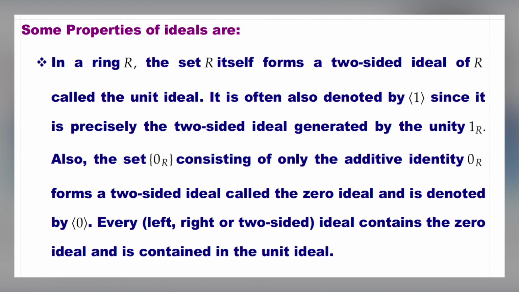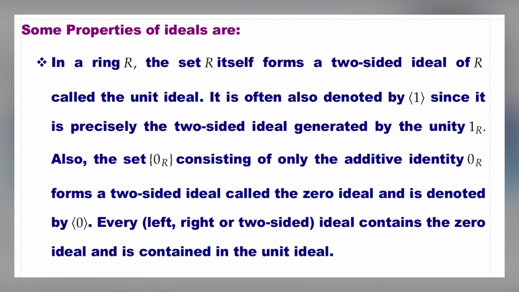In a ring R, the set R itself forms a two-sided ideal of R called the unit ideal. It is often also denoted by the ideal generated by 1 since it is precisely the two-sided ideal generated by the identity 1_R.